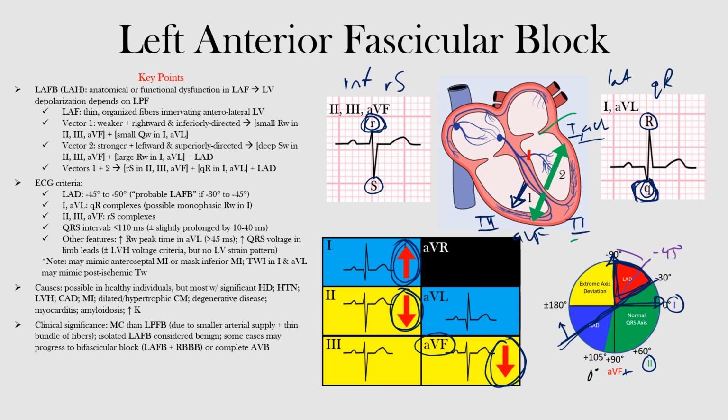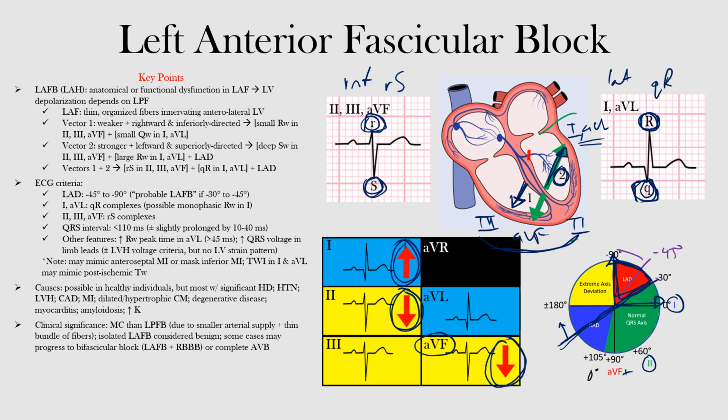Now the large S wave and the large R wave come from the second vector, the strong second impulse that's heading towards lead 1 and AVL. That's why we see this upright R wave in 1 and AVL, the lateral leads, and we'll see a negative deflection in the S wave as that vector heads away from the inferior leads.